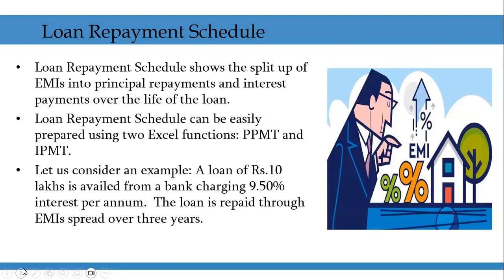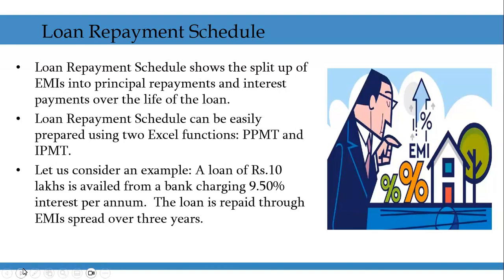A loan repayment schedule, which is also known as amortization schedule, shows the split up or breakup of each EMI into the principal repayment and the interest payment starting from first EMI till the last EMI. So this loan repayment schedule can be easily prepared using two Excel functions called PPMT and IPMT.